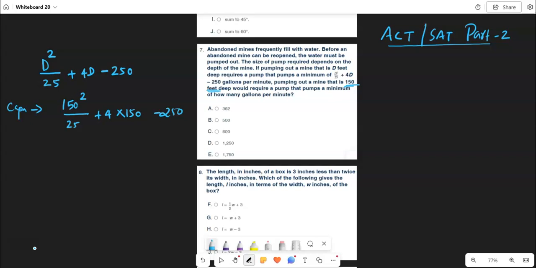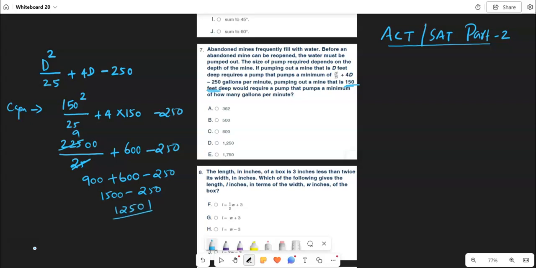So 150 square means square of 15 is 225 and add 2 more zeros, divided by 25, plus 4 times 150 is 600, minus 250. 25 times 9 is 225, so the answer for that part is 900 plus 600 minus 250. 900 plus 600 is 1500, minus 250.